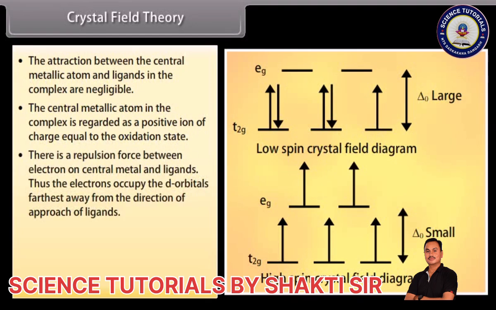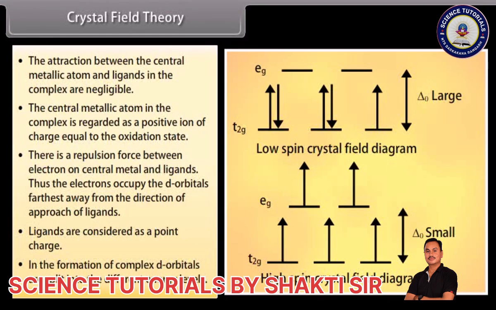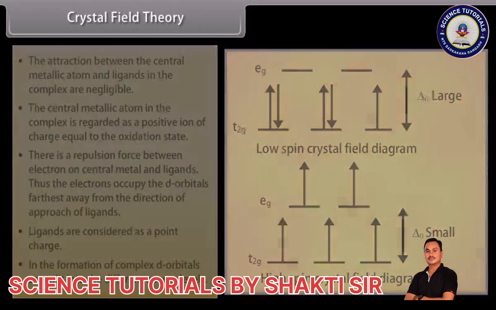There is a repulsion force between electrons on central metal and ligands. Thus, the electrons occupy the d orbitals farthest away from the direction of approach of ligands. Ligands are considered as a point charge. In the formation of complex, d orbitals are split into different energy levels.